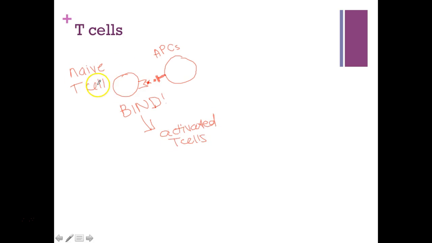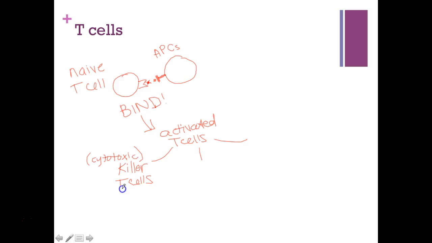But because this is a T cell, we're not going to go through clonal expansion and create plasma cells and then antibodies. That's B cells' job. Our T cells are going to go through another type of expansion and become either killer T cells, which I think by the name you can figure it out. And by the way, also a cytotoxic T cell, that's the same thing as a killer T cell.